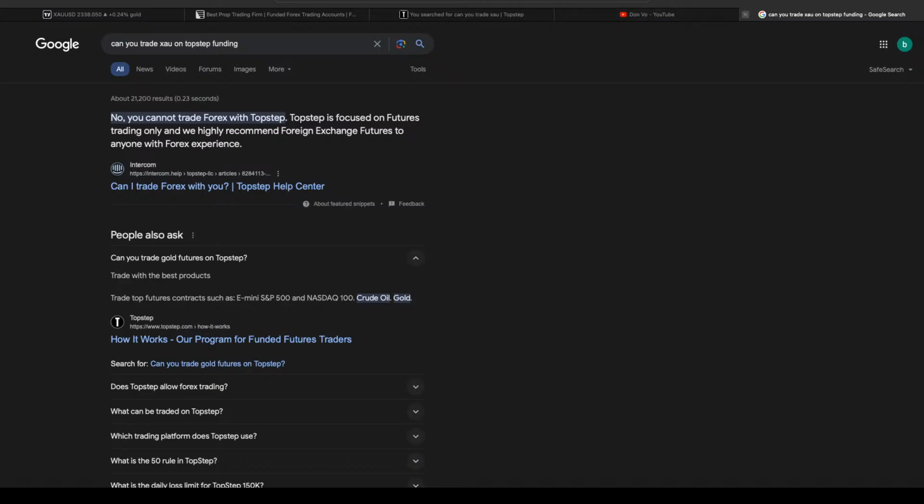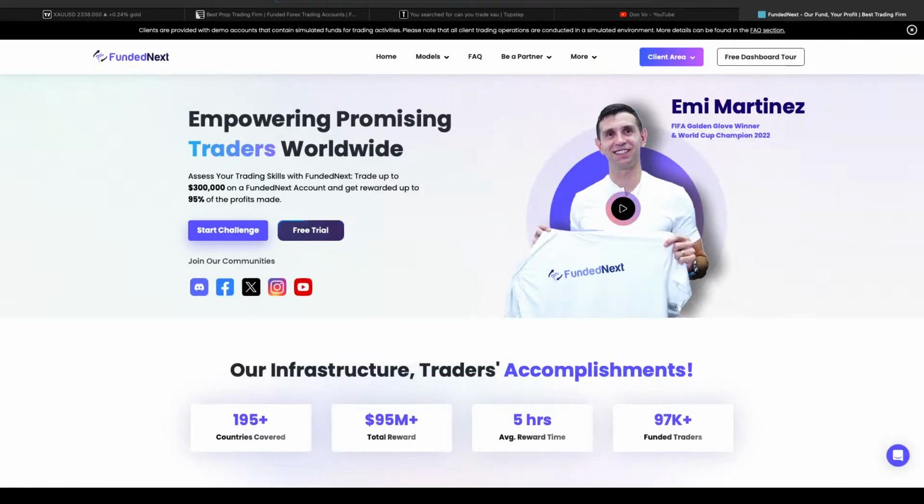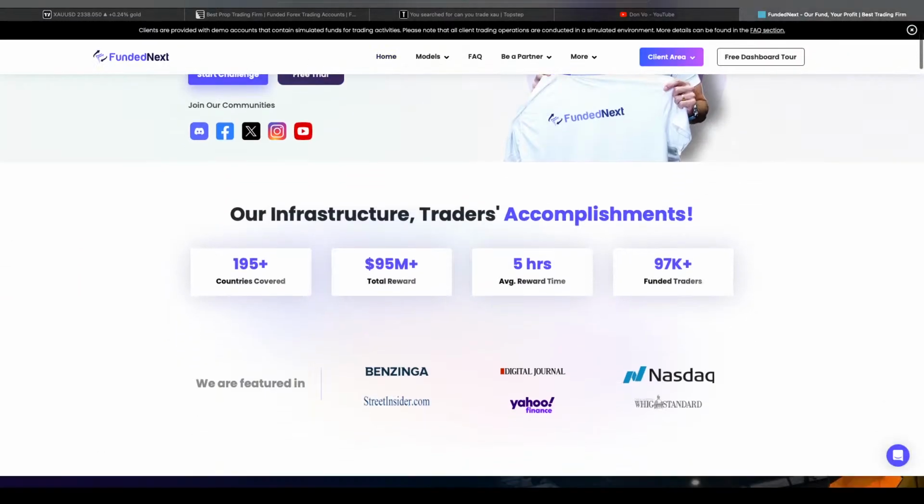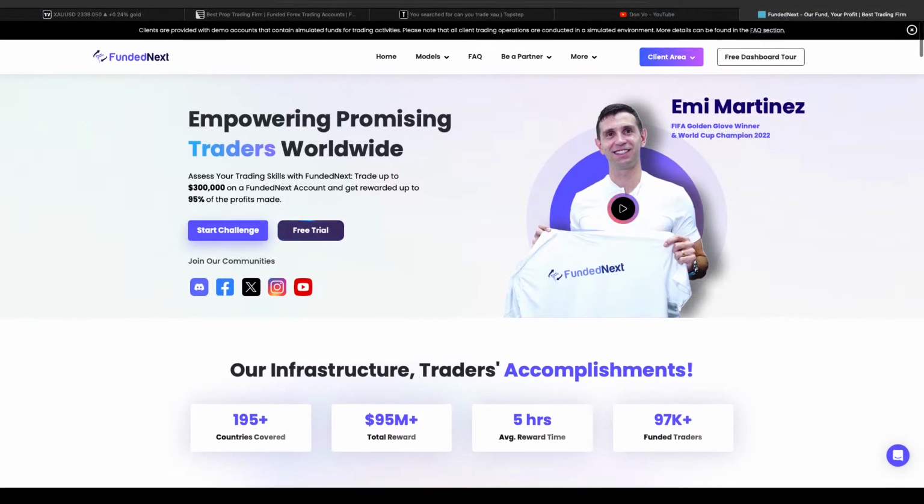But the one I'm using is Funded Next. I'm using this one right here. Pretty much the same idea, but since I'm in the US, if I lose the account that I have right now, I can't reopen another one because they don't offer MT5 in the US no more.